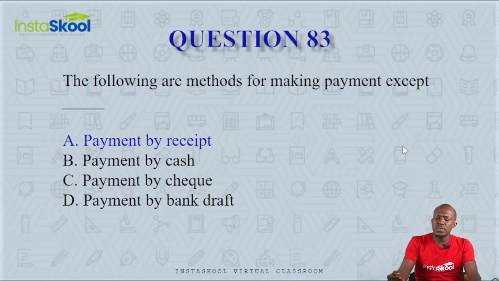A bank draft is an instruction that a bank draws upon itself to pay on request. But you can't pay by receipts. Rather, a receipt is given to you after making payment. So the answer here is option A. Payment by receipt is not a method for making payments.